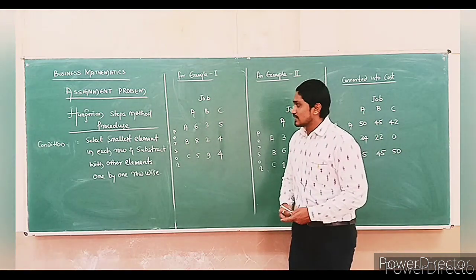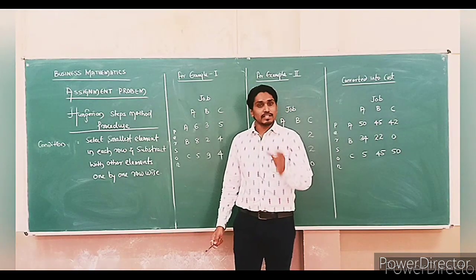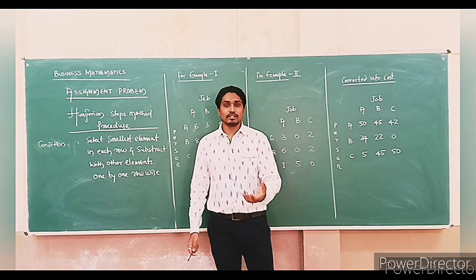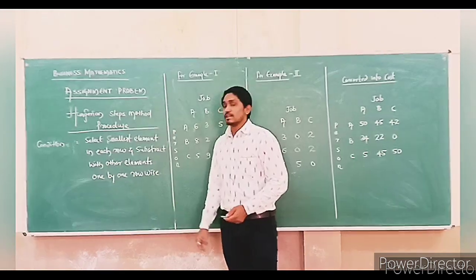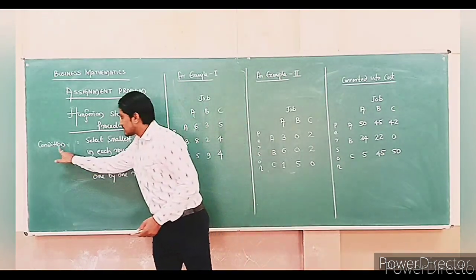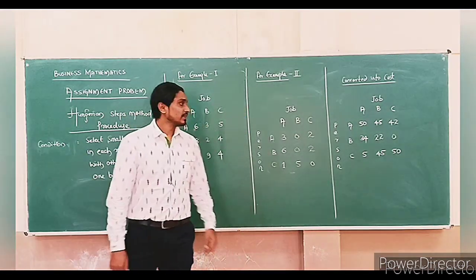What step number 1 says here is we have to select the smallest element in each row and subtract it from the other elements one by one, row wise. This is step number 1. This is not condition number 1, but step number 1.